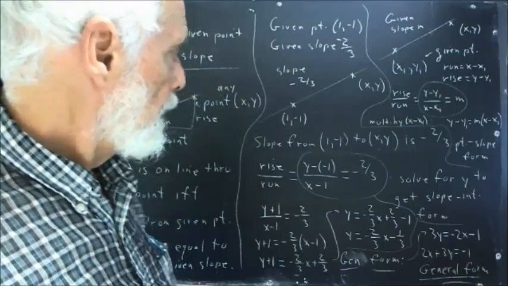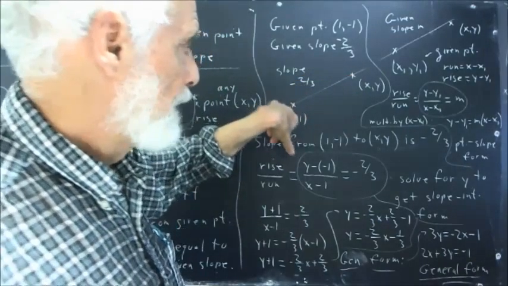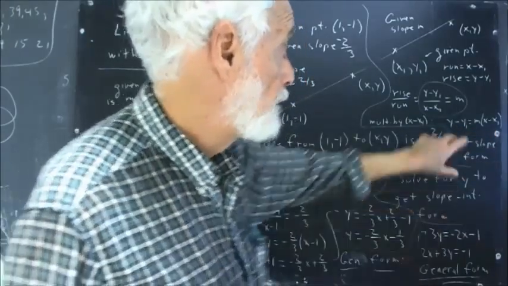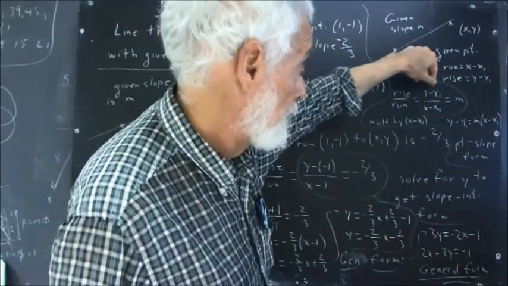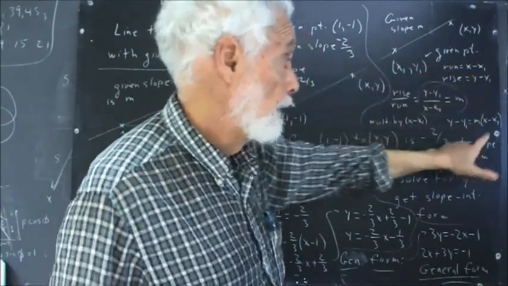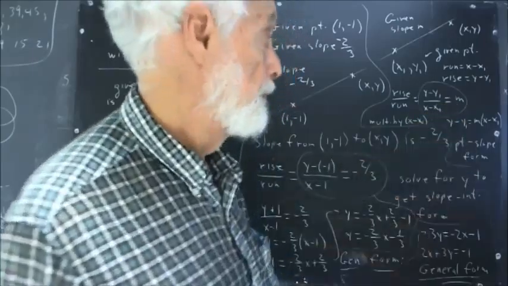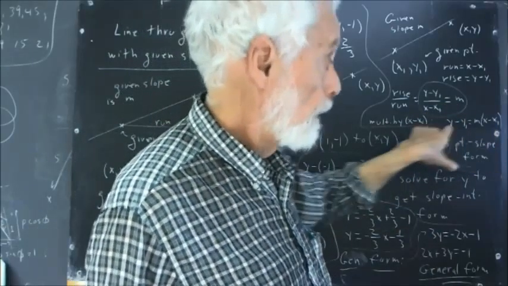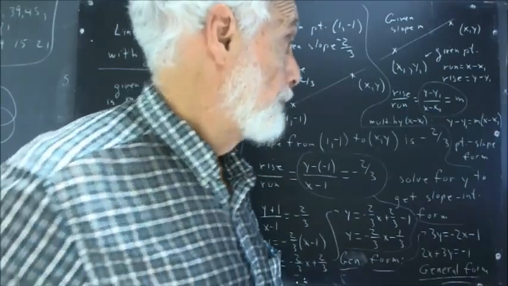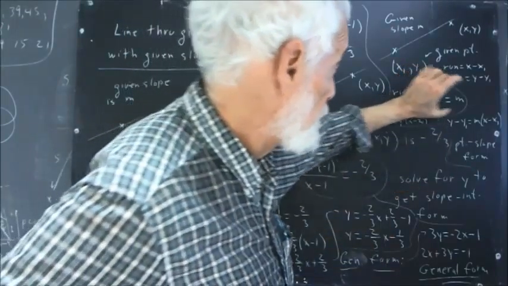Okay? If you understand this reasoning, you don't really need to memorize this form. All this form says is basically that the rise over the run equals m. And then we multiply through by the run to confuse things a little bit. That's a perfectly good form. It works perfectly well to get you the equation, and if you want to use it, I'm not going to object, but I think that this is more direct because it says something.